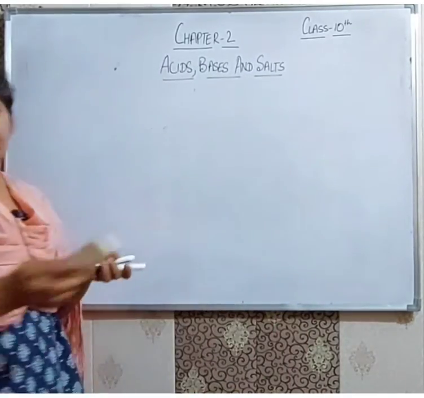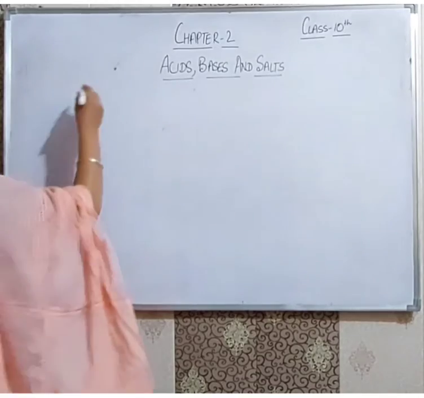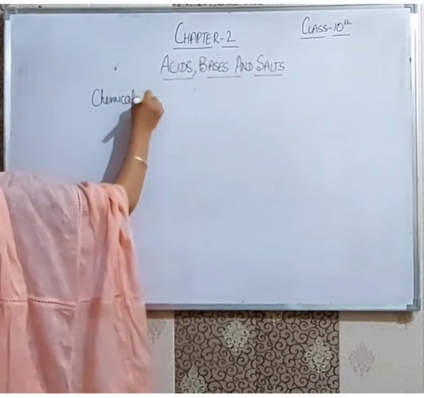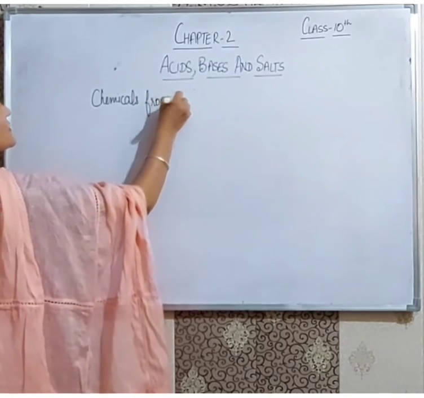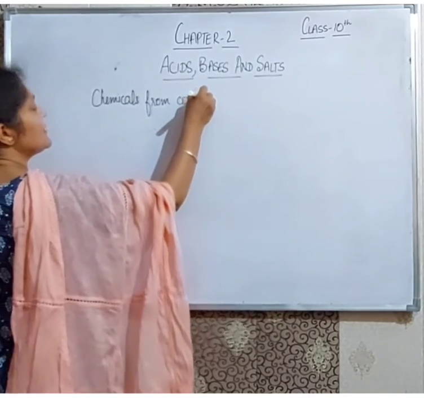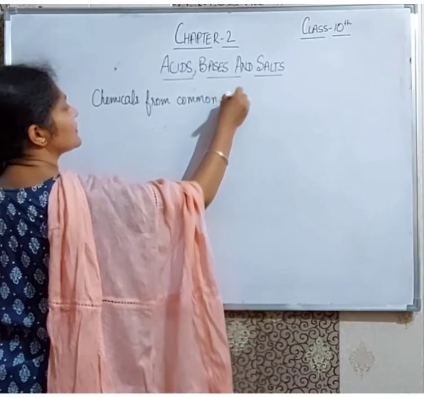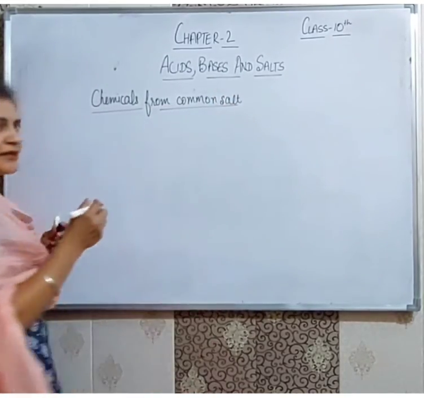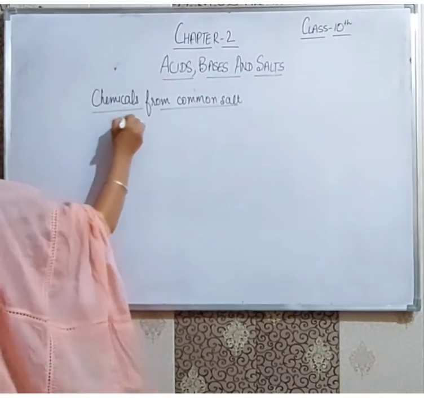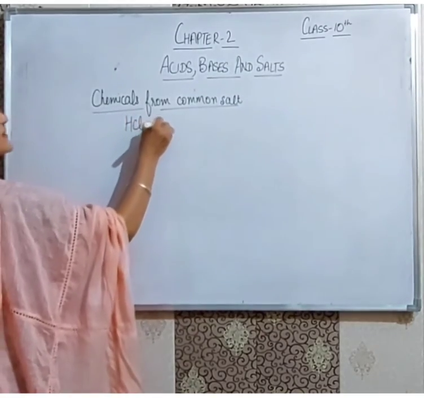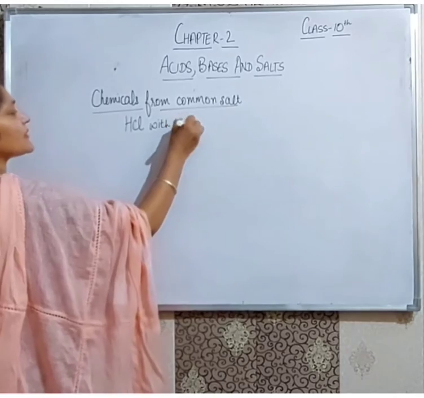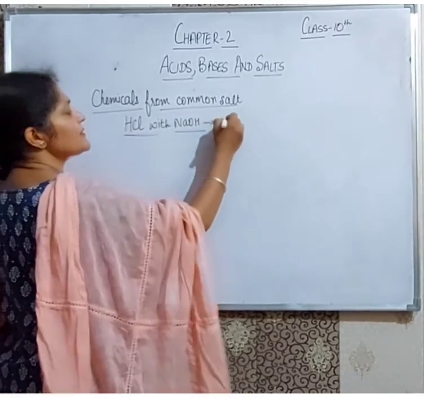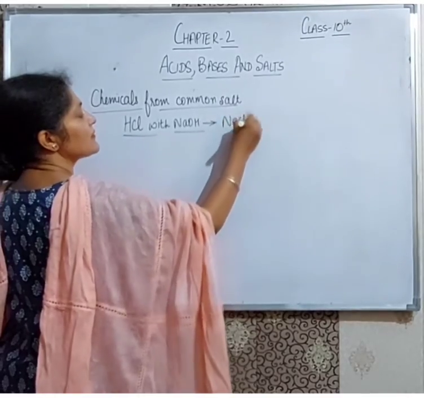Now students, we are going to discuss the common salt and the chemicals formed from common salt. First of all, we will see what is common salt. Students, you have noticed many times that the reaction of hydrochloric acid with a base like sodium hydroxide always gives us a salt.